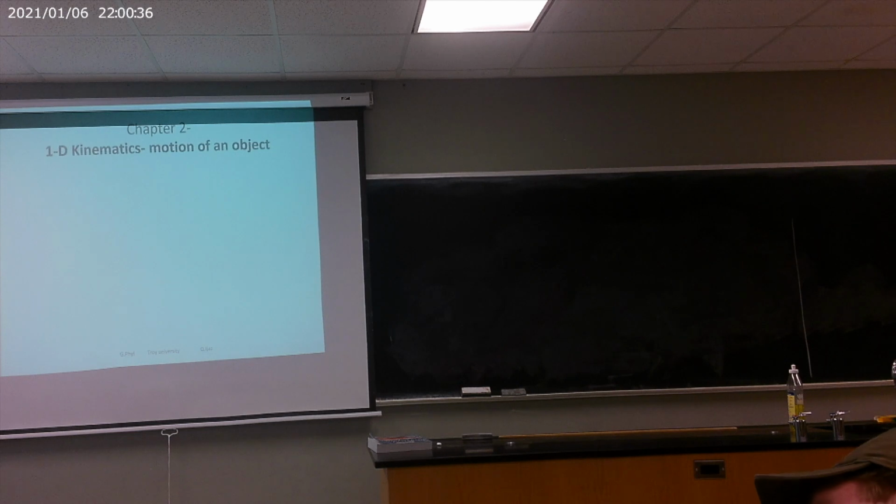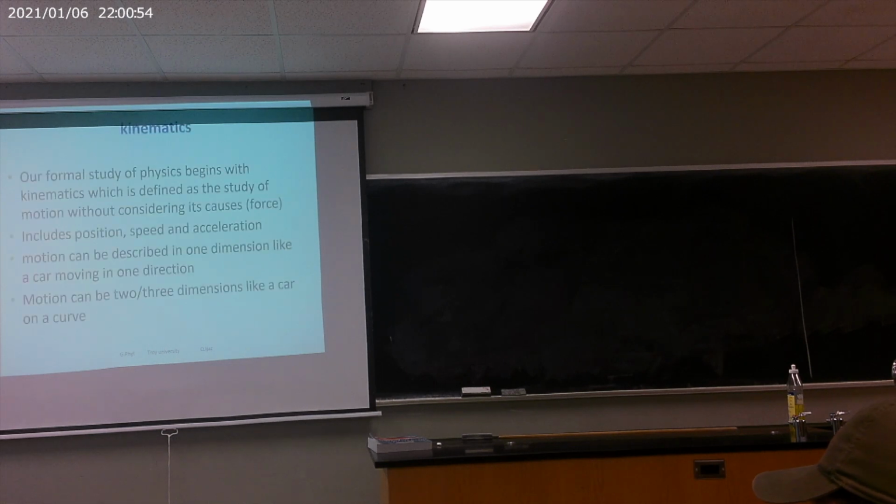We will study speeds, velocities, accelerations. We'll study the equations of motion for objects moving at a constant acceleration. These are going to be the main topics for this chapter. Same definition that I just went over: without considering the forces, we will study the motion, and motion can be described as positions, displacements, speed, velocities.